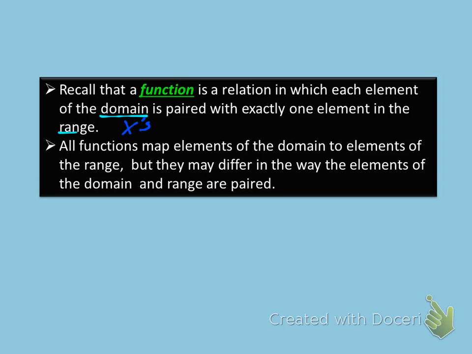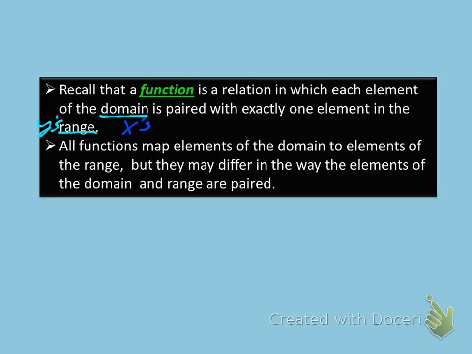Range is a fancy word for y's. Basically, what you could say is a function is a relationship in which each x is paired with one y. Okay, that's what they are.